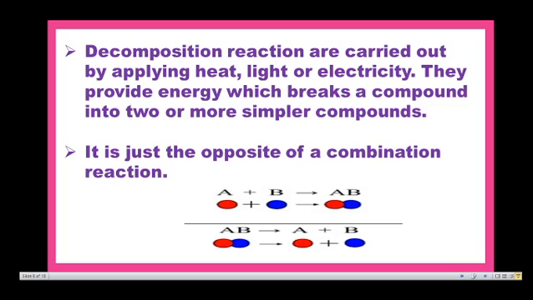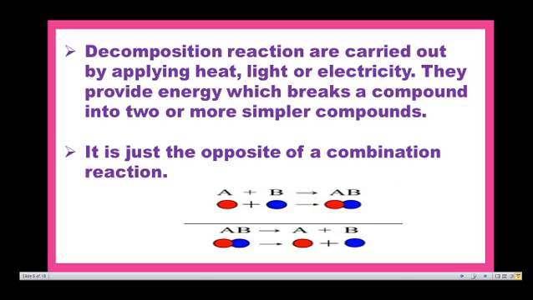Let us discuss a few more examples. Decomposition reactions are always carried out with the help of heat energy, light energy or electricity, because we need energy to break or split up a compound. So the energy is provided in any form. It may be light, heat or electricity.